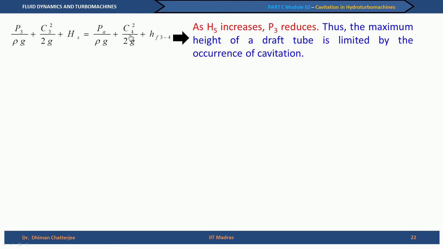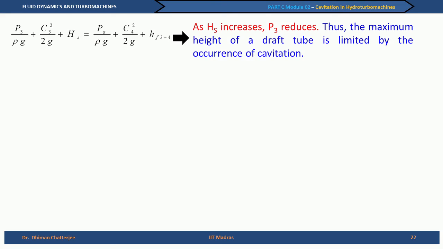Why? Because C4 is less than C3, so this term will be negative, and similarly Hs is on the other side, and if Hs increases then P3 will reduce. Now, as P3 reduces, you cannot go on increasing Hs. Why? Because if Hs increases, P3 reduces and you can get cavitation.